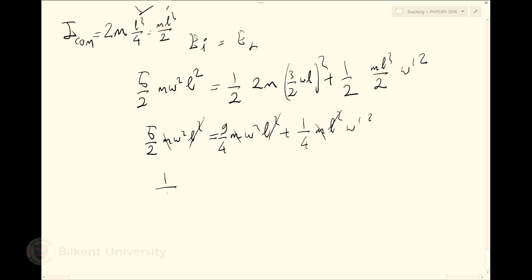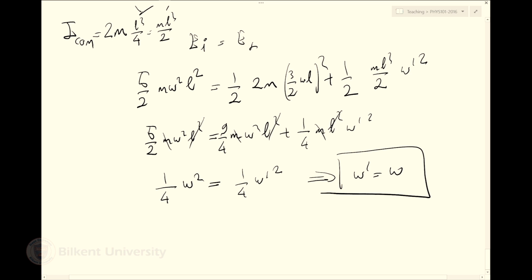So this is 1 over 4 omega prime square. So omega prime is omega.